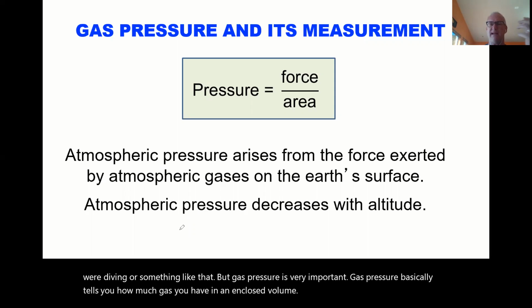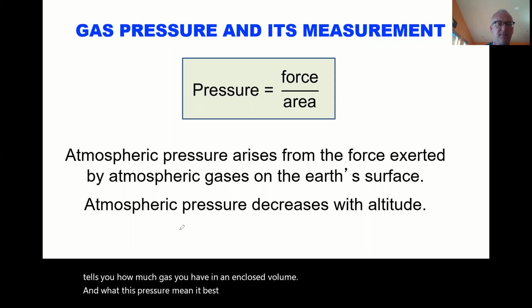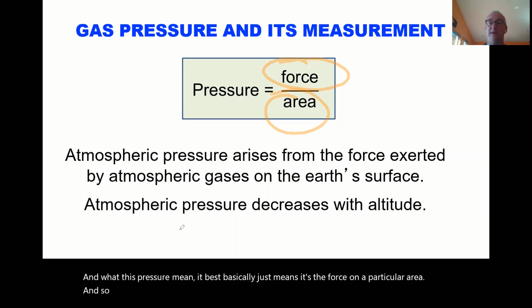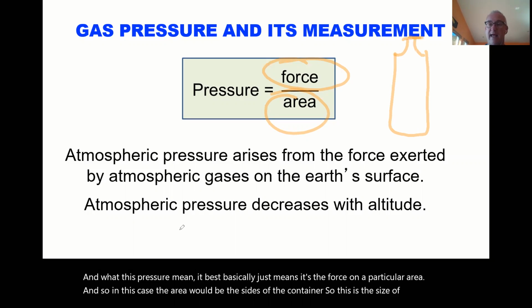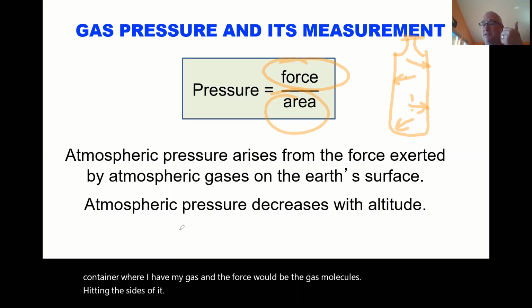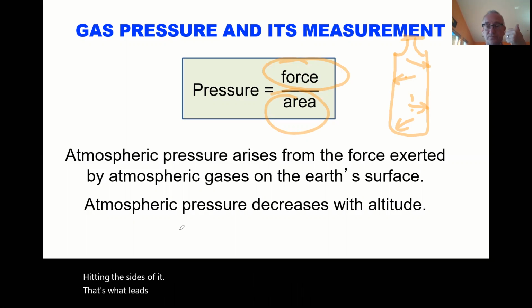And what does pressure mean? It's the force on a particular area. In this case, the area would be the sides of the container where I have my gas, and the force would be the gas molecules hitting the sides of it. That's what leads to gas pressure.